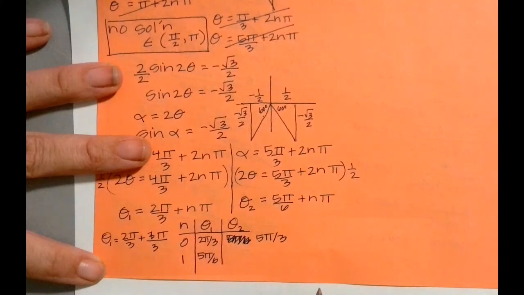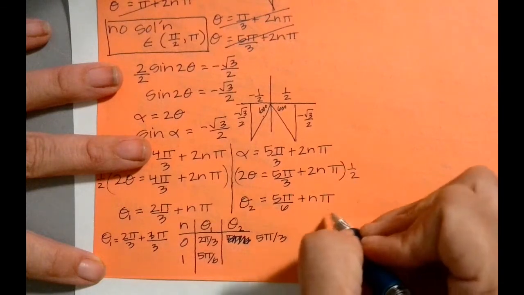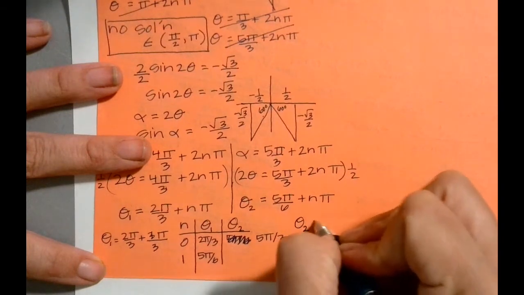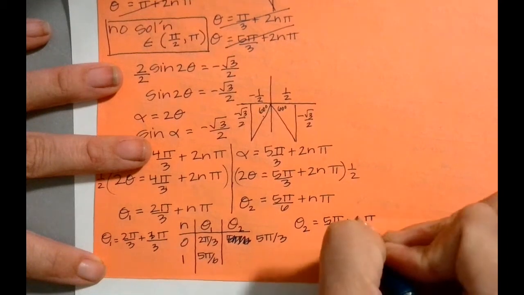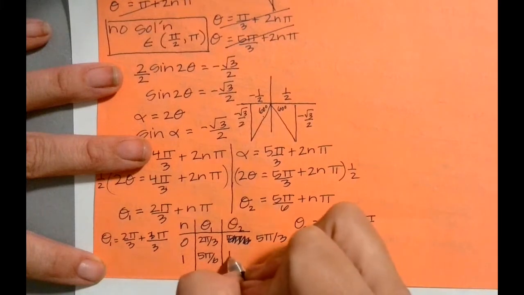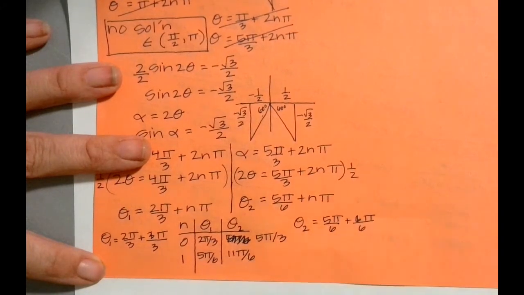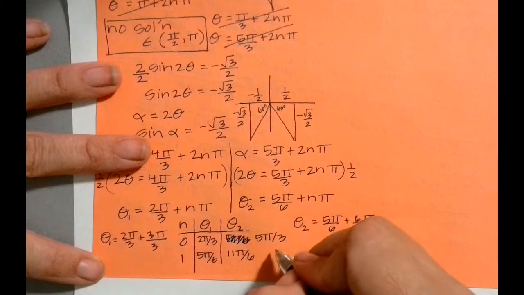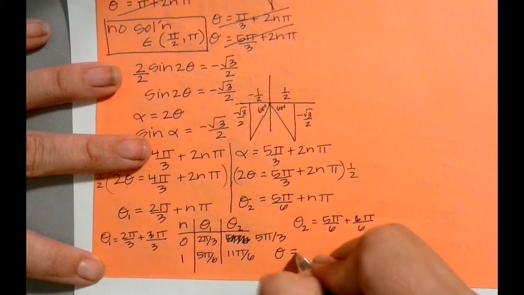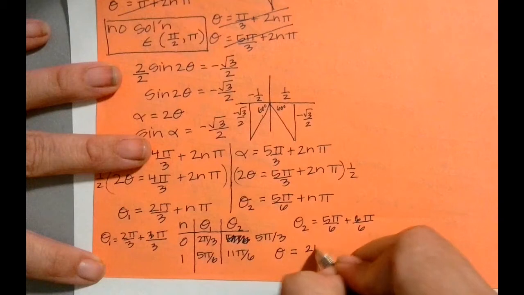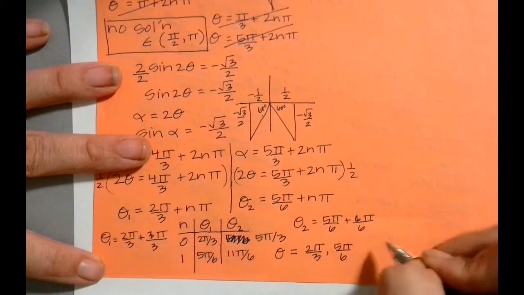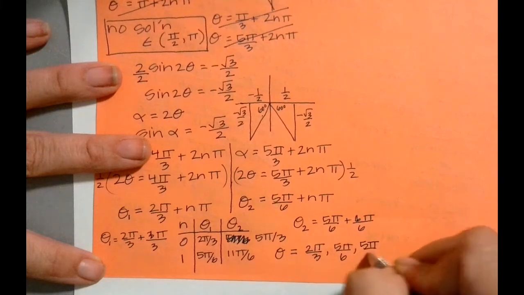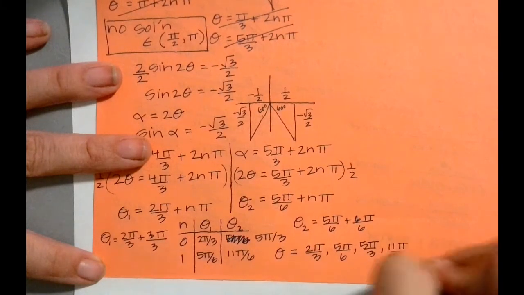And when I plug in 1 here, so change the denominators, I get 11 pi over 6. So over the interval from 0 to 2 pi, my solutions are 2 pi over 3, 5 pi over 6, 5 pi over 3, and 11 pi over 6.